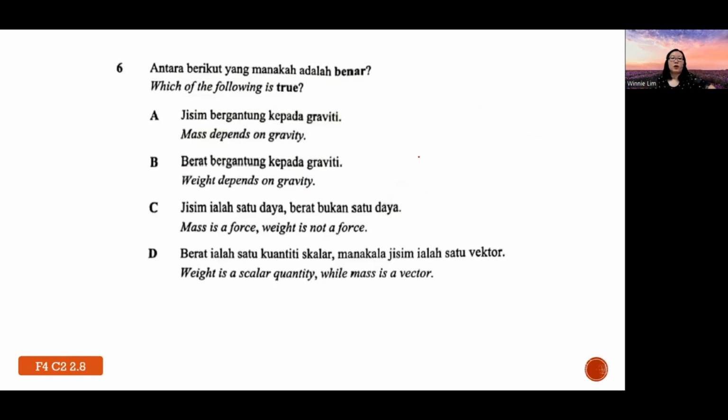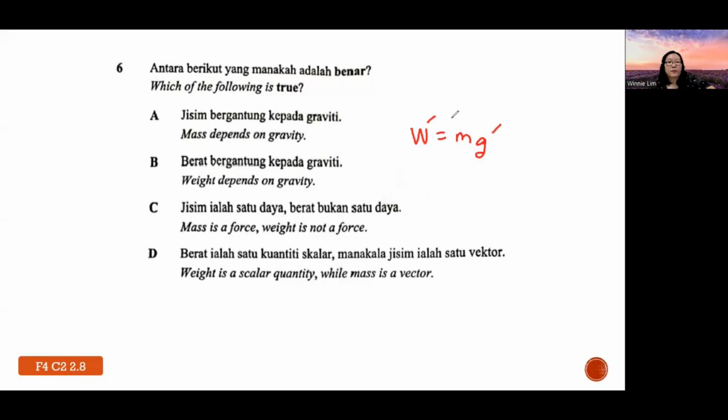Proceed with number 6. Which of the following is true? Okay, this question is related to the idea of weight. As you all know, weight equals mg, where the weight is affected by the acceleration due to gravity.